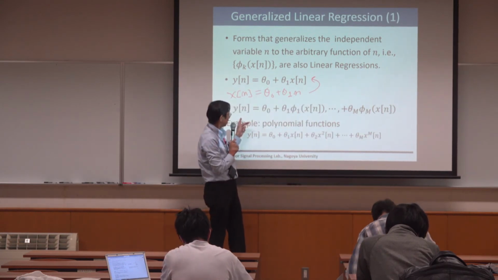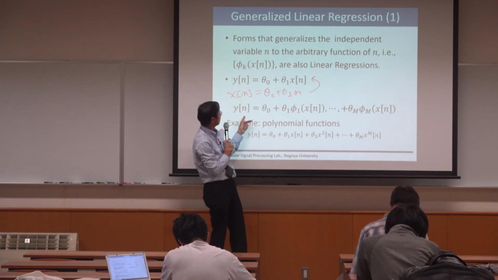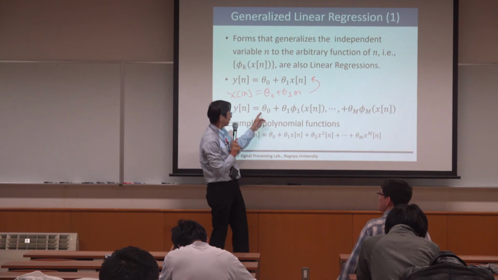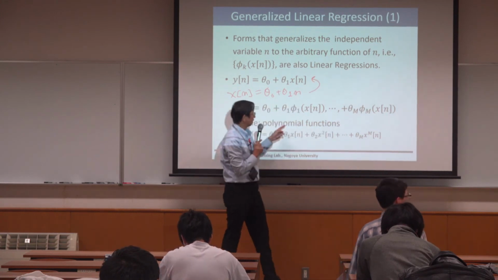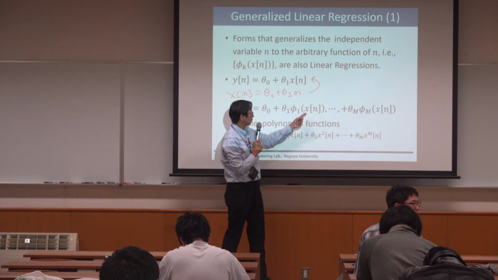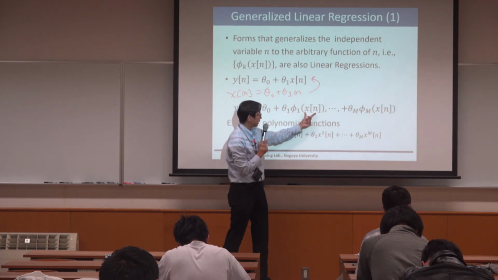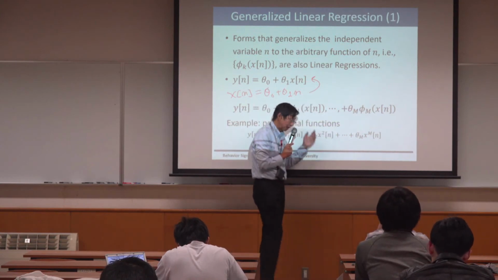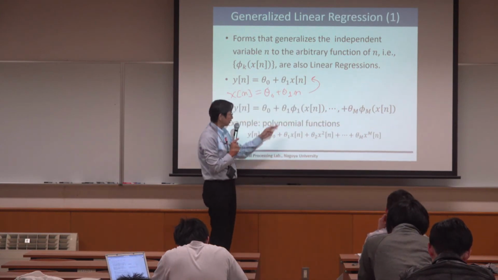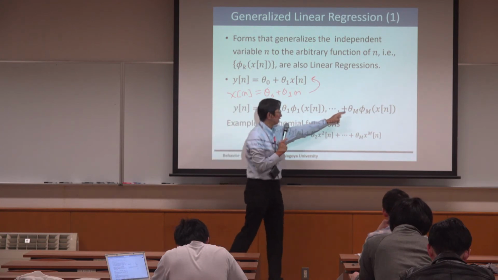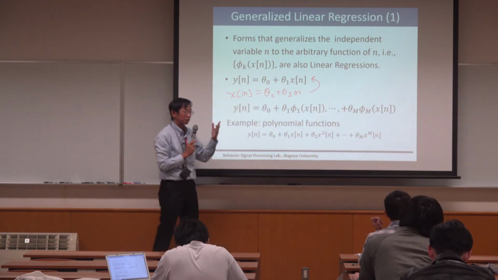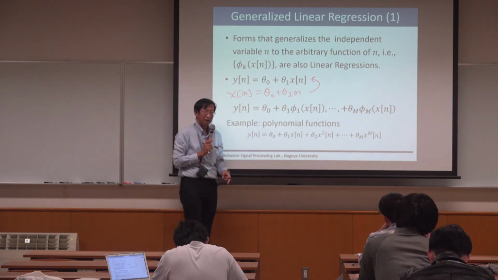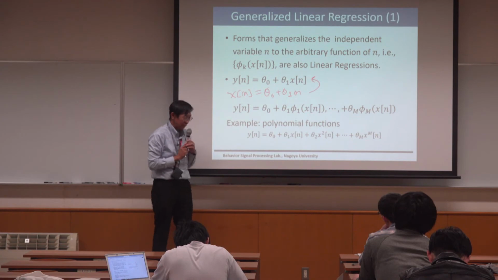But more generally, you can say that yn, the dependent variable, can be calculated from the linear sum of the function of the independent variable xn. So we can put as many functions as you like. And you can put as many thetas here. But still you can do the very same thing for finding the set of thetas which minimize the error.